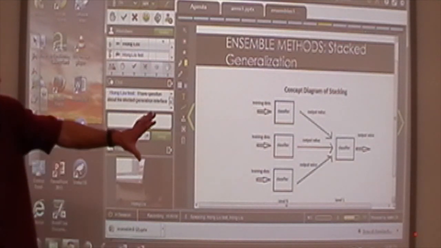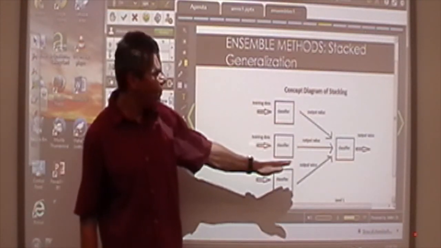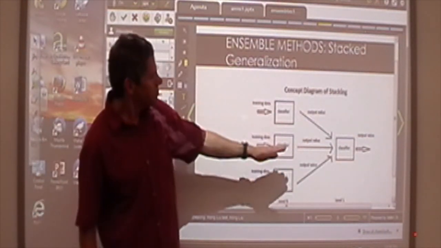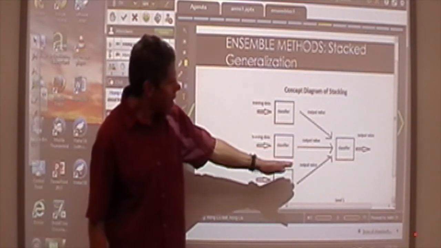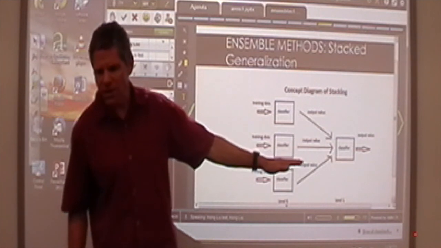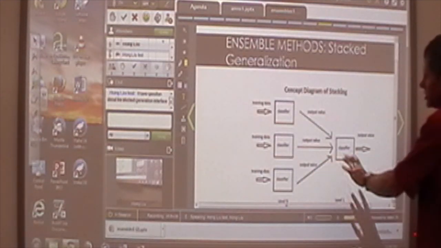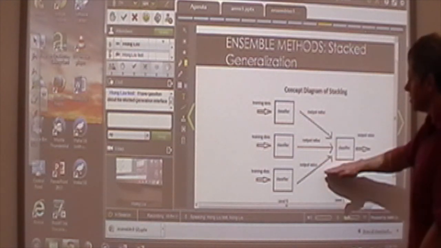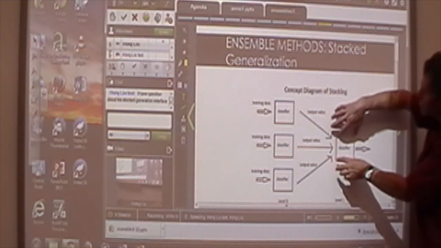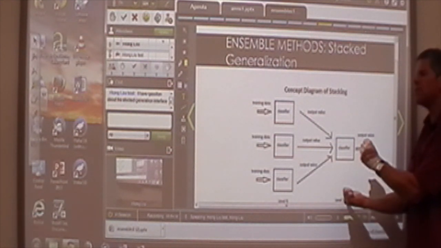Right, I mean, this diagram could be used in a lot of different places, right? Even if you think about just simple averaging of your outputs, you could think of this classifier as just being the average of all of your outputs. But stack generalization is saying, look, we can use any classifier here as your level 1.